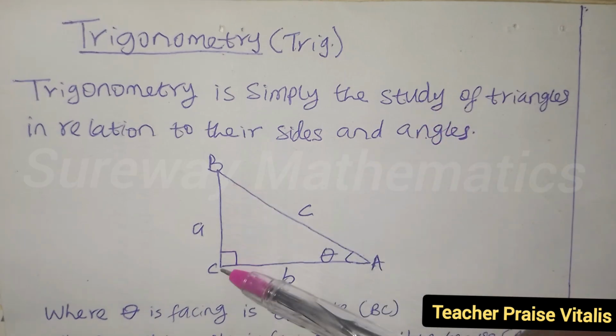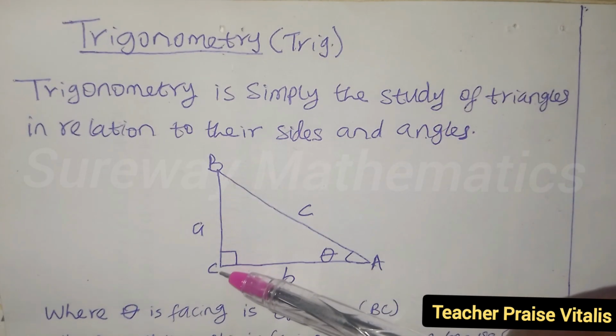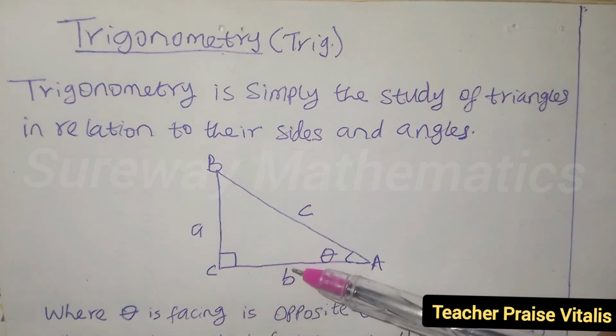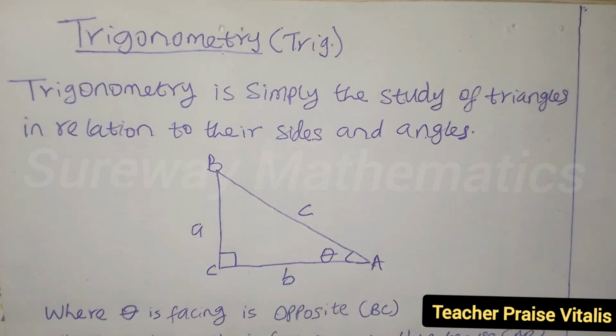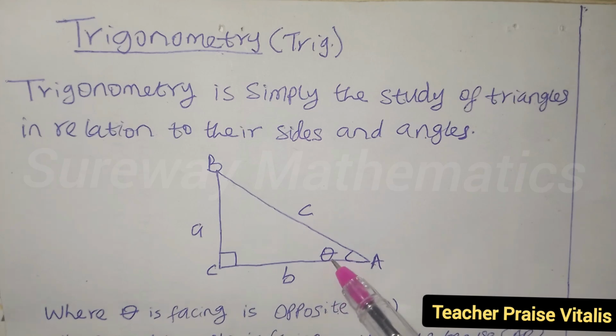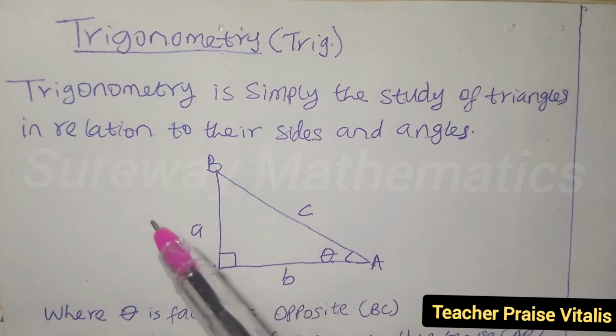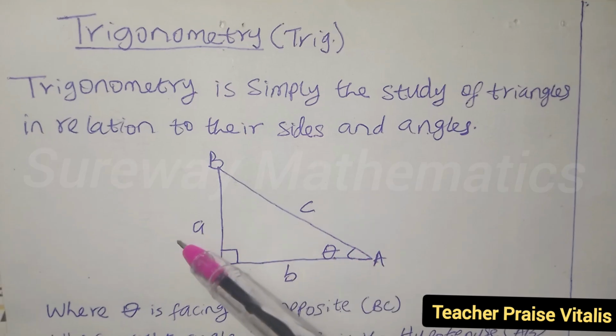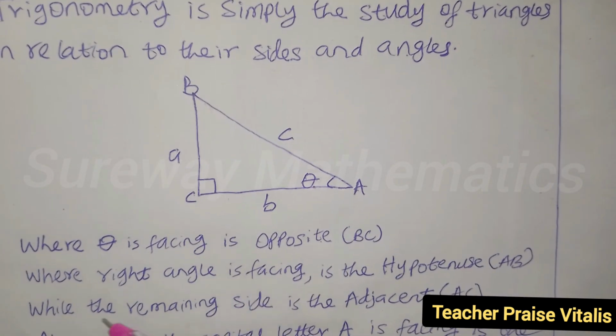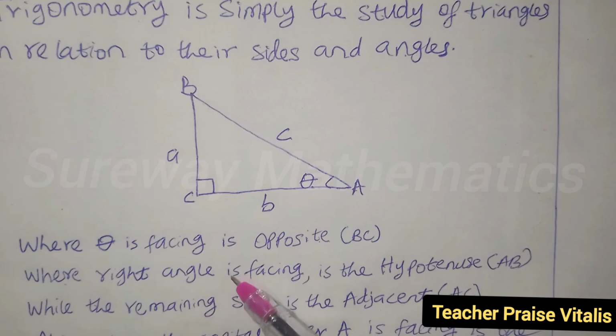Now let's take a look at the diagram. For any right angle triangle of this form, labeled A, B, and C, where theta is facing is opposite, like the human eye. Where the right angle is facing is the hypotenuse.